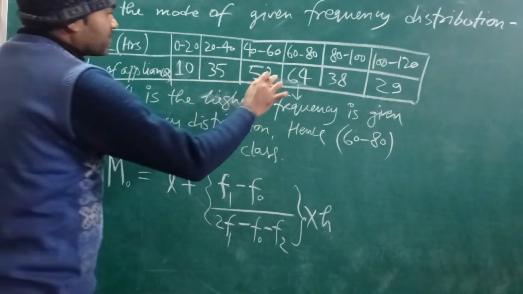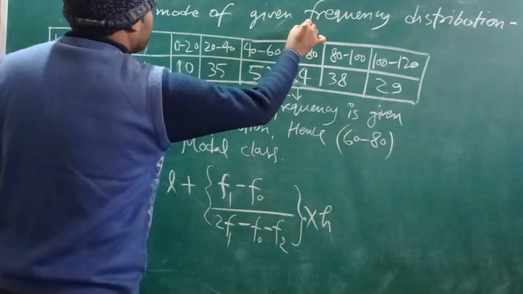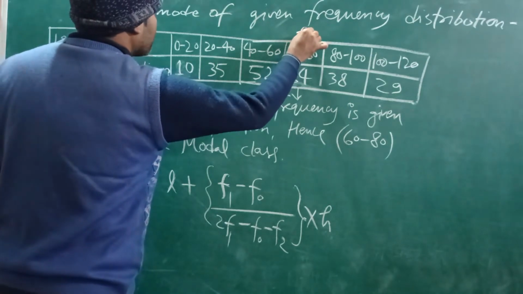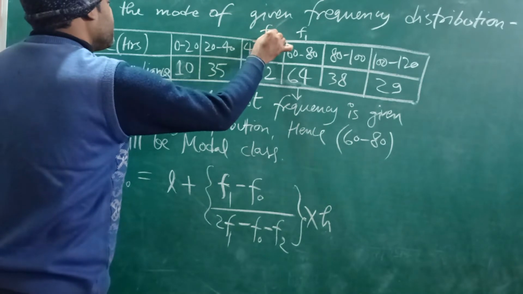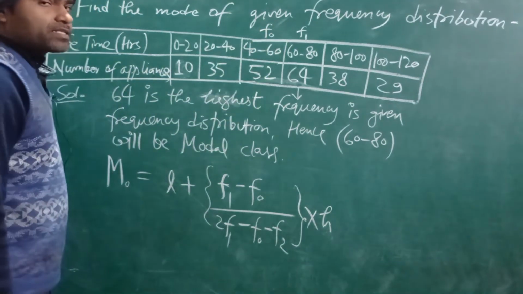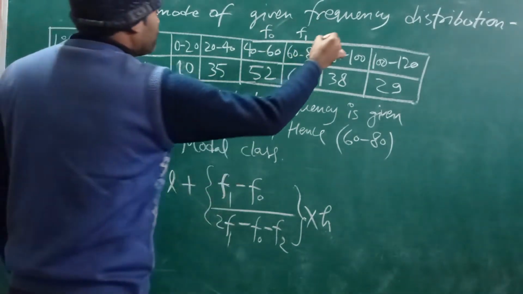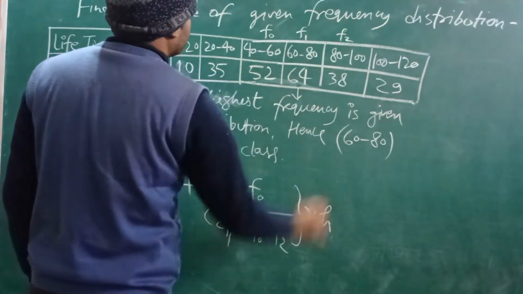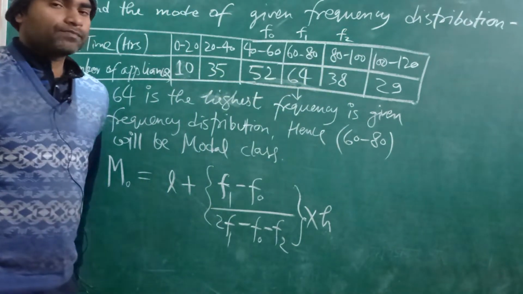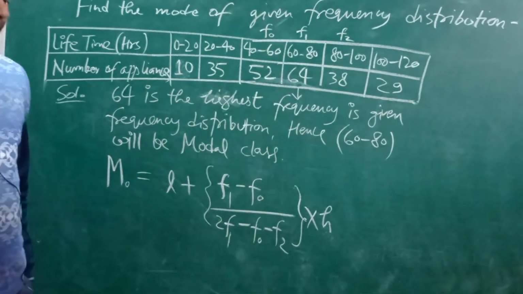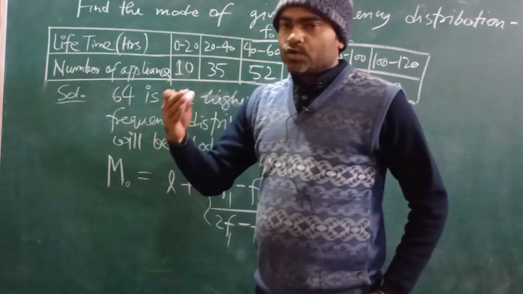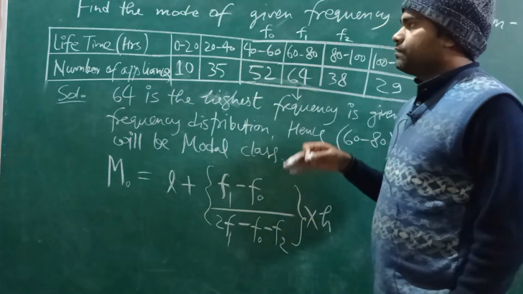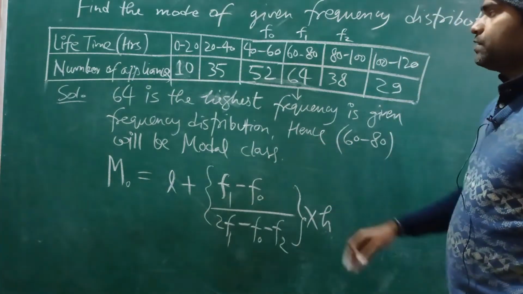So students, your modal class should be in the middle. F0 is the frequency of the preceding class and F2 is the frequency of the succeeding class. Got it or not? As we write 0, 1, 2 in order, we will write F0, F1, F2 in the same order.